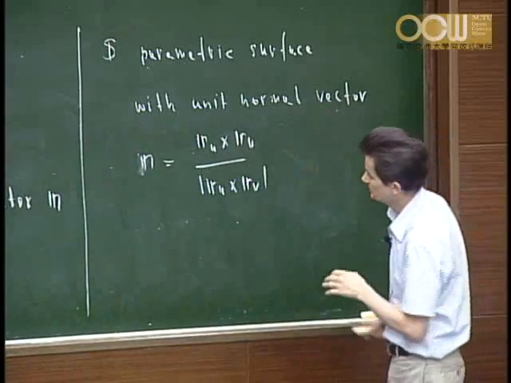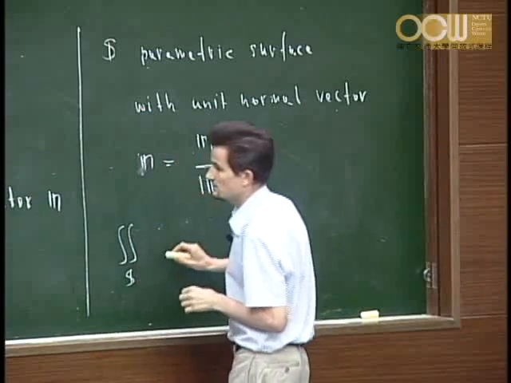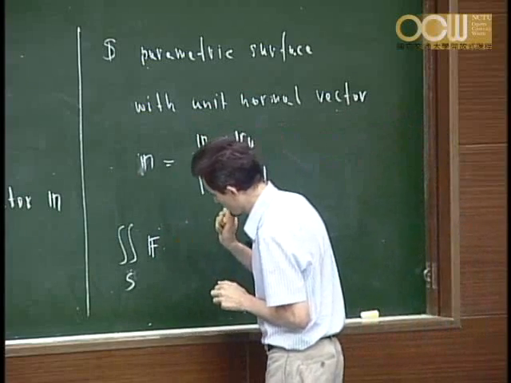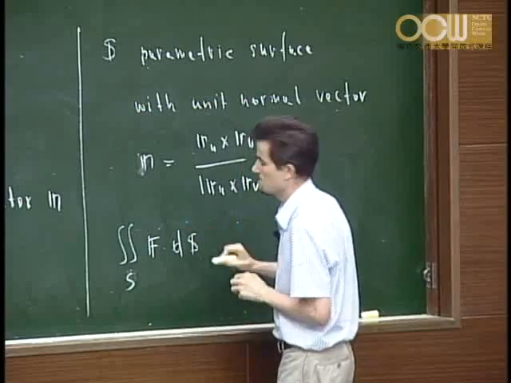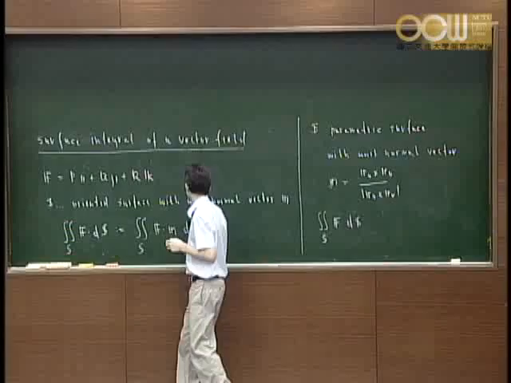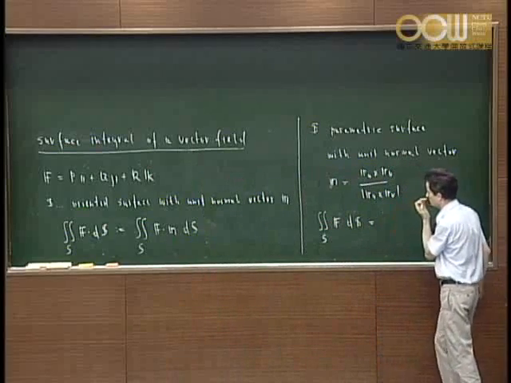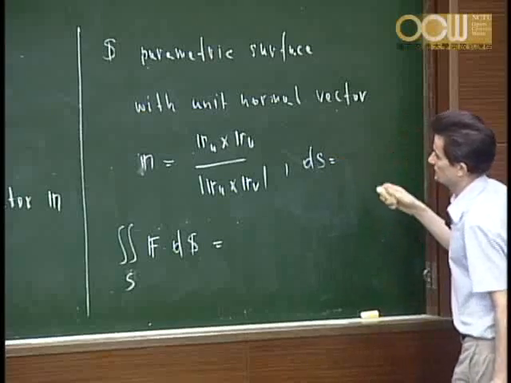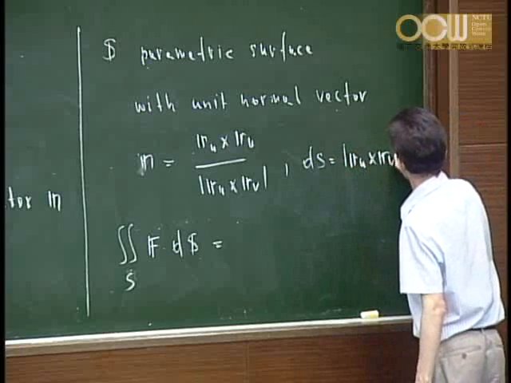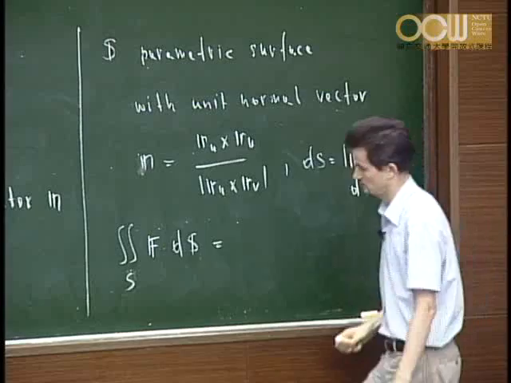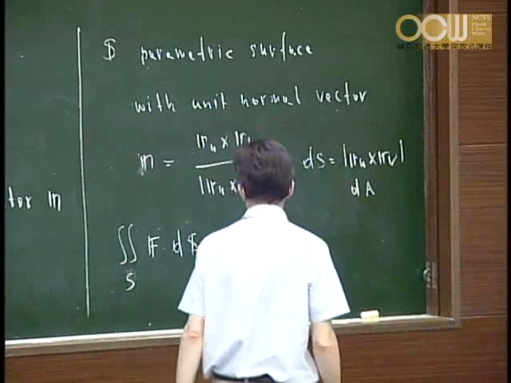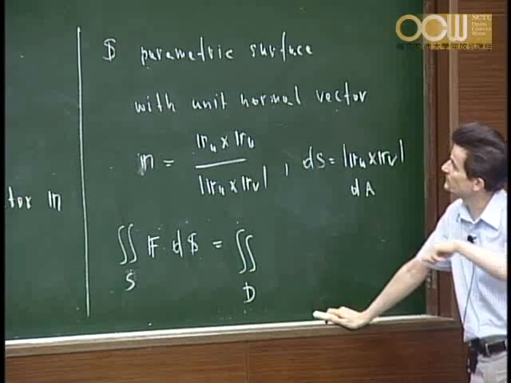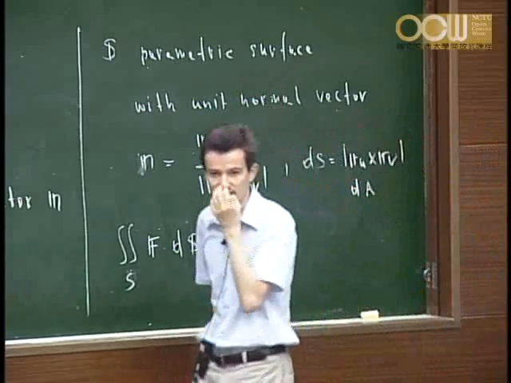Now, in this setting, how to compute the surface integral of f over S. By this definition, for n we plug in this here, and for dS we can plug in what dS was, and then we integrate over D, where D is the parametric region, the domain where the parametric surface is defined.